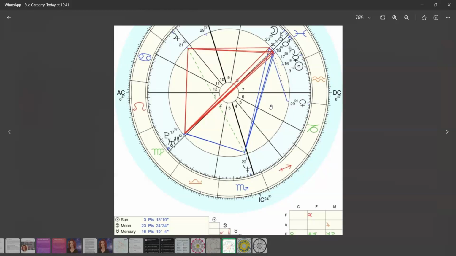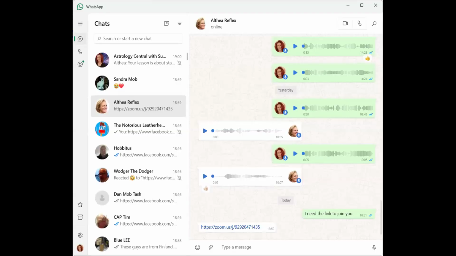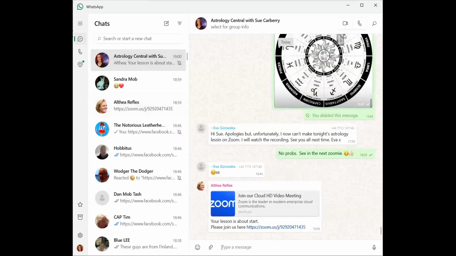I'm trying to work out how to share because I've never shared before. Well, let's give it a go because we're all learning here. If I stop sharing, I think you can share then. Go to the WhatsApp group and go to the thing you want to share.